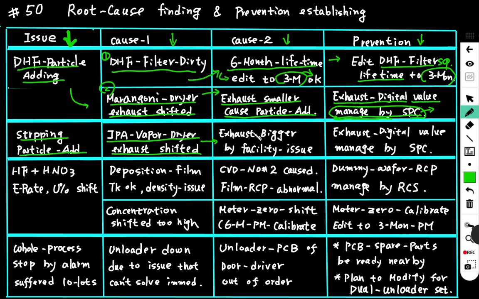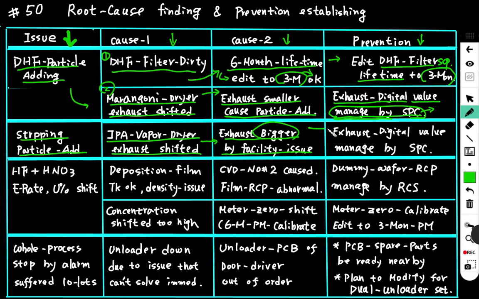We found root cause 2: the exhaust became bigger by a facility issue. When the facility was servicing the exhaust system, the exhaust became bigger, so it's a facility issue.